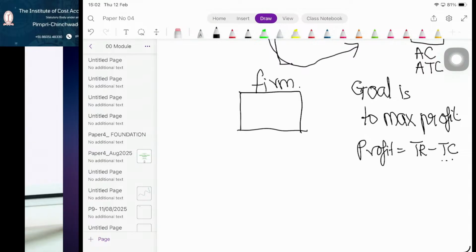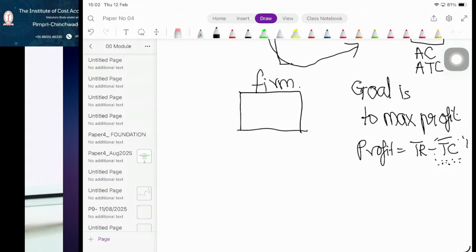So right now, from the last lecture, we have been looking at the total cost. To get familiarized, we have defined some major cost functions: the average fixed cost, average variable cost, average cost. But now we go one step back.